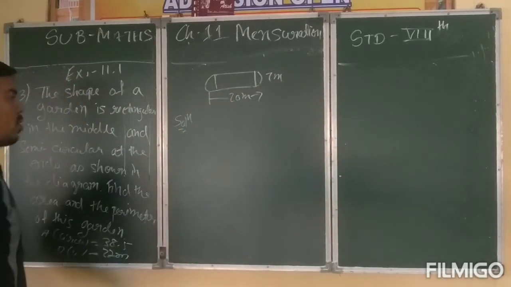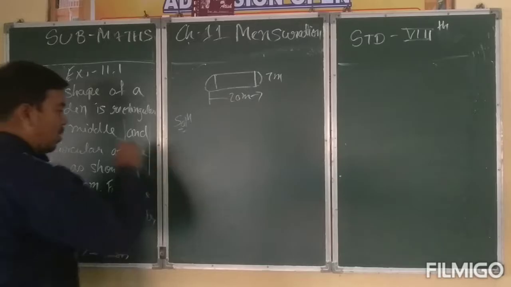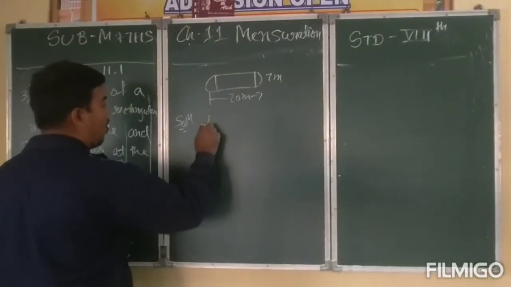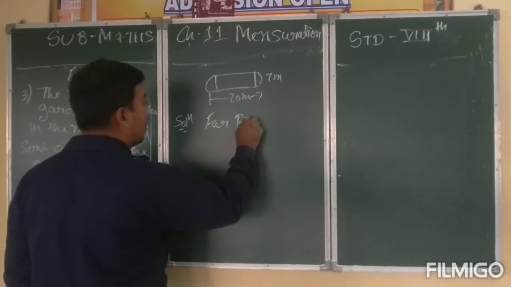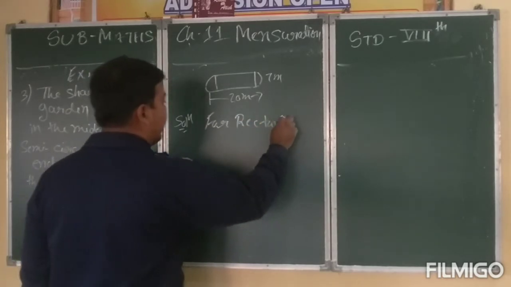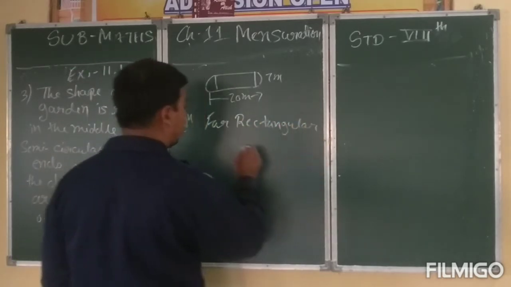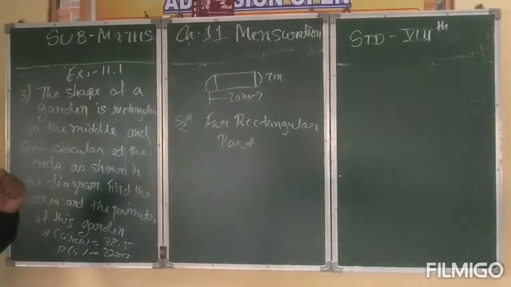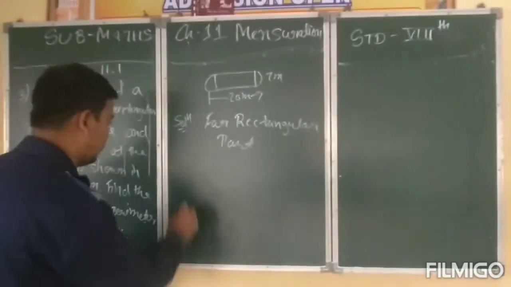So now we are talking about the rectangular part. For the rectangular part, 2 dimensions are main, one is the length, one is the breadth.